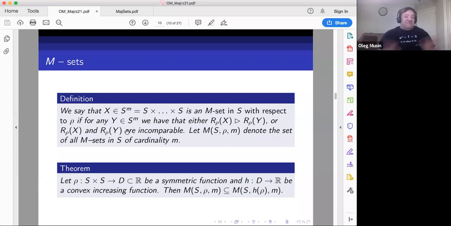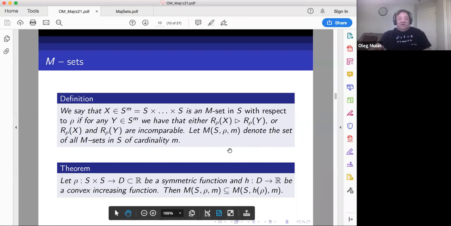The same as we consider for real numbers, where a sequence majorizes another one, or they are incomparable. We call this an M set, and I denote by M of S of rho of m the set of all M sets of S of cardinality m.